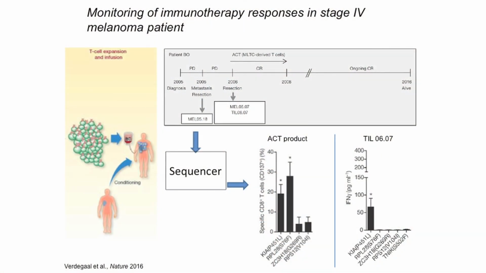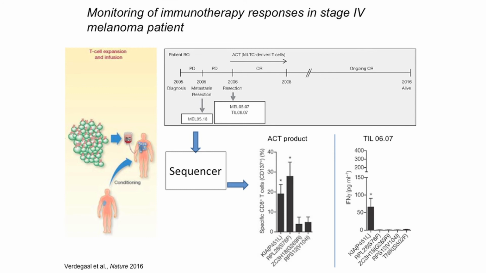We also recently showed that T cell responses still occur even though a patient already has widespread disease. This was work that we published last year of a melanoma patient, a stage 4 patient with metastatic disease that had been treated by adoptive T cell transfer.